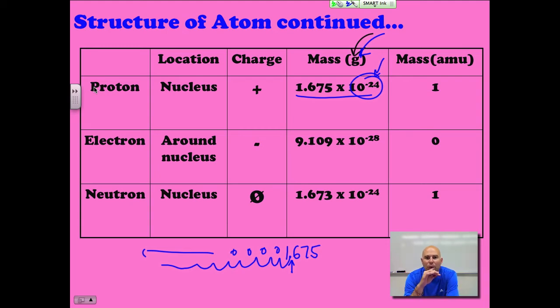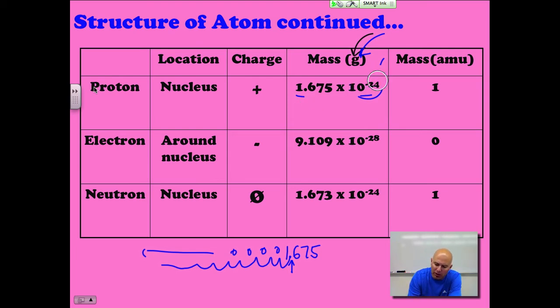That makes sense because we just saw how many atoms are in something the size of a penny, something like 10 to the 22nd. With such a ridiculously large number of them, the things that make up an atom must be ridiculously light. So that's how many grams each weighs.